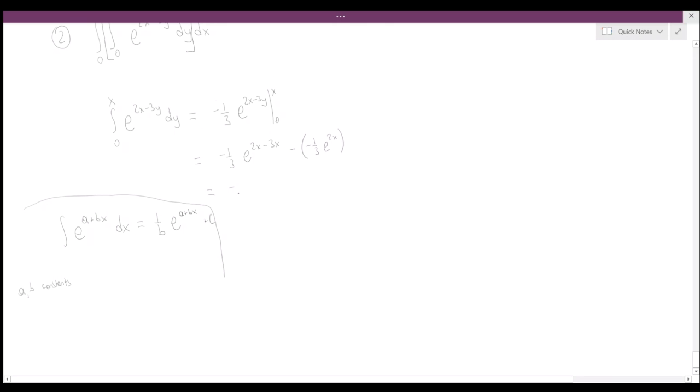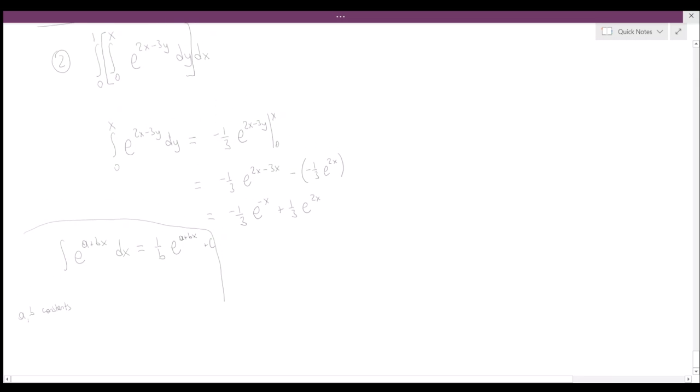So then altogether, we're going to get -1/3, and 2x minus 3x leaves us with -1x in the exponent. And then here we're going to get plus 1/3 e to the 2x, okay? All right, so any questions about that part so far?